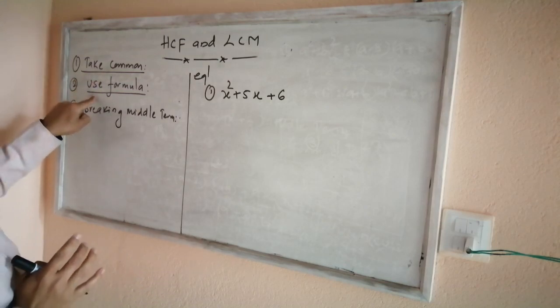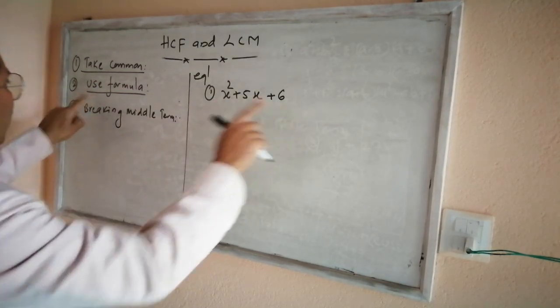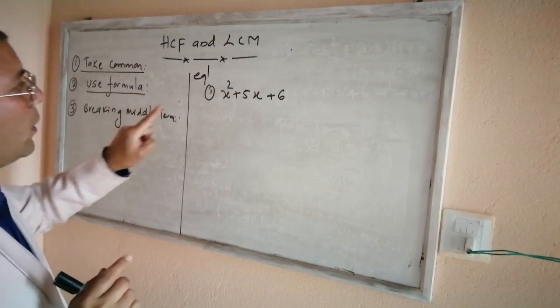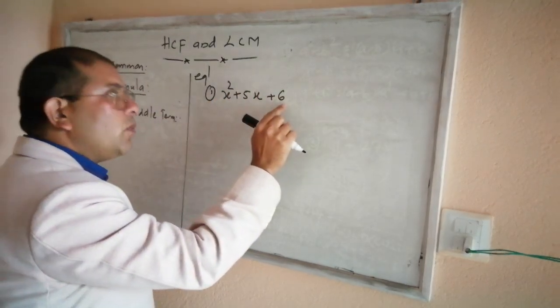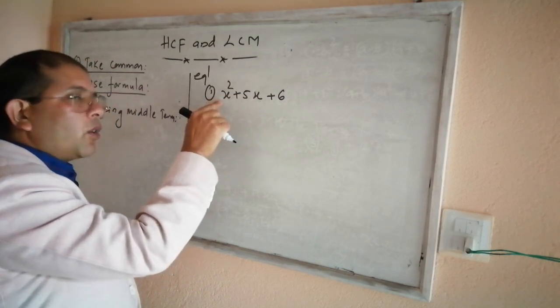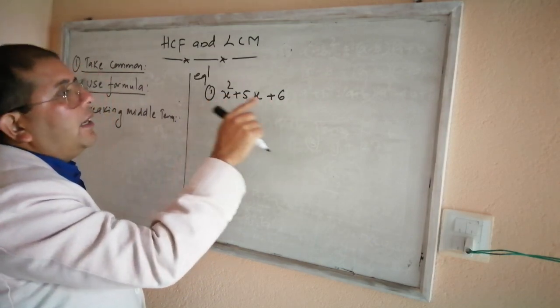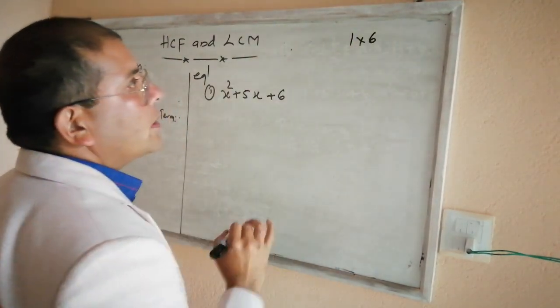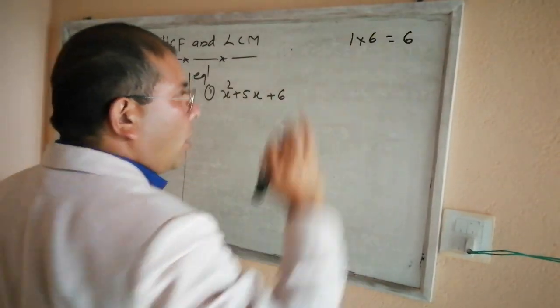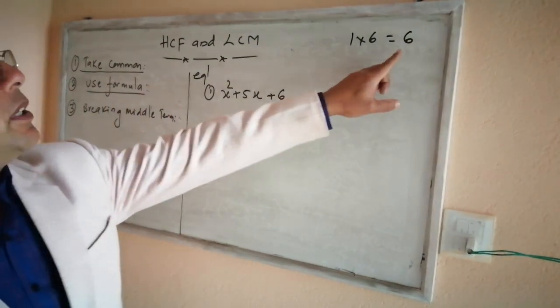No. Is there a formula? No. Then breaking the middle term. For breaking the middle term, take the product of the first and last coefficients. The coefficient of x square is 1, and the last one is 6. So the product 1 into 6 is 6.